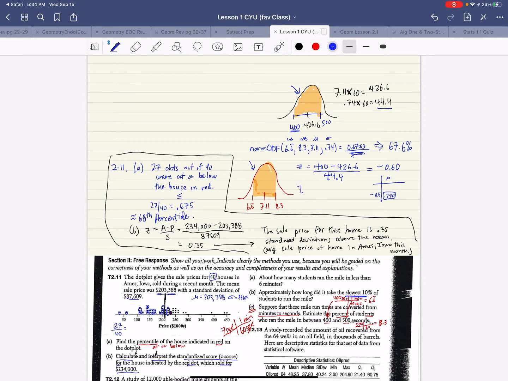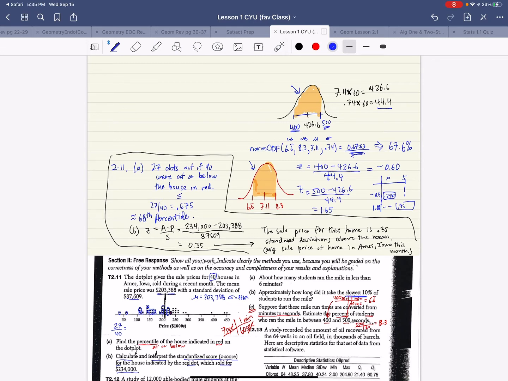All right, and then we do it again. 500 minus 426.6 all over 44.4, and we get the z-score of 1.65. So we go back to this table, 1.65, so 1.6 and then 5. We look down for this number, and it looks like the area to the left of 500 is a much bigger number.